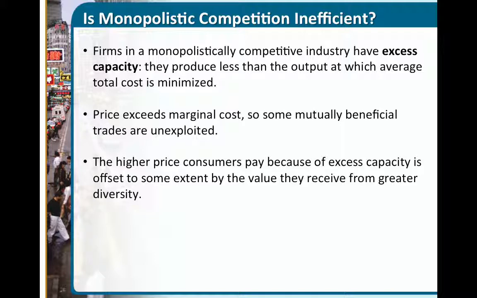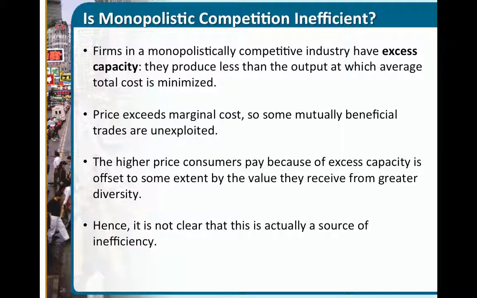But this is offset by the value they get from diversity. In perfect competition, going back to the food court example, every single place in the food court would be a hamburger place. You wouldn't have the option of Chinese or a burrito or whatever. So there's some value to diversity, and that's obviously not a source of inefficiency. So it's not really clear if there's inefficiency or not. There's some debate.